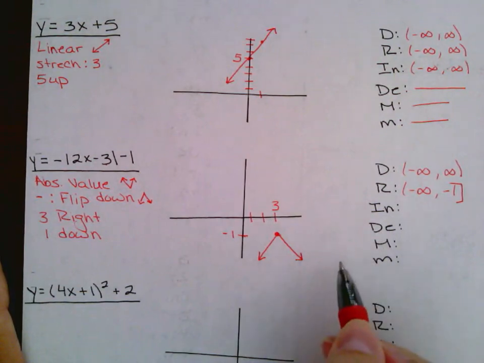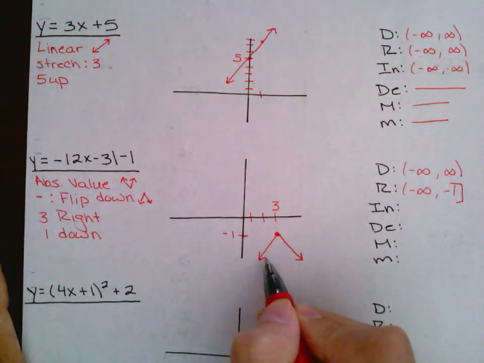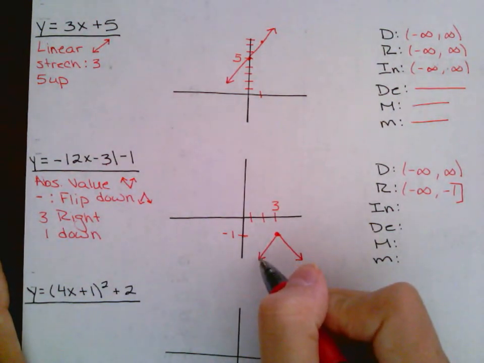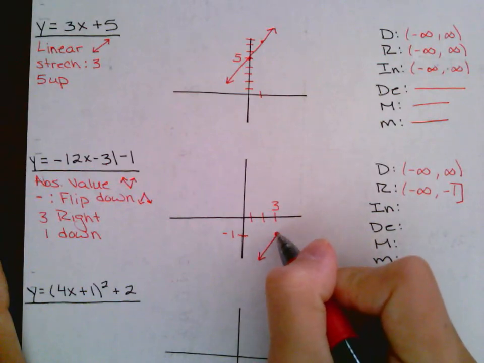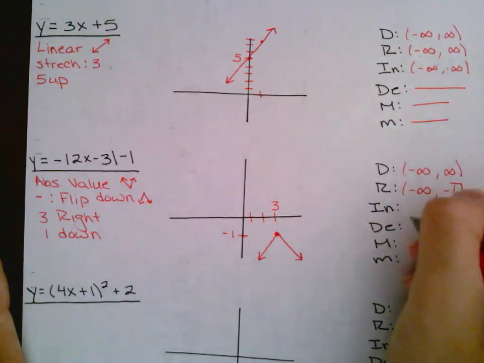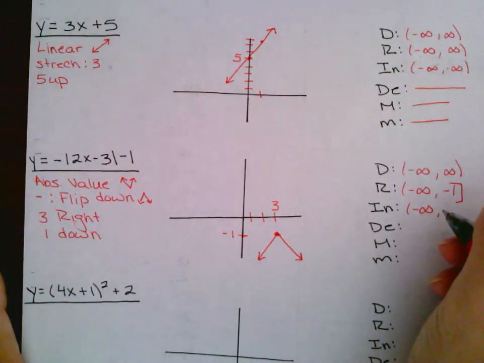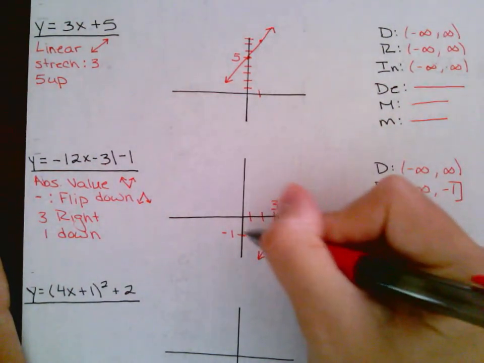Now, for increase and decrease, I'm going to put my pen furthest to the left. Now, arrow facing down and to the left indicates negative infinity. So from negative infinity, I start increasing up until 3. Remember we said increasing and decreasing, if you look back at your notes, is the leftmost x to the rightmost x. So remember, these are my x's, these are my y's.